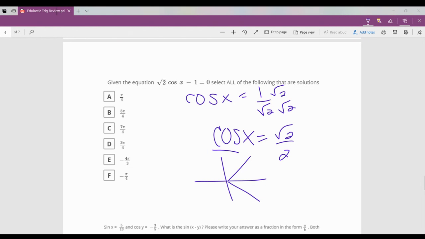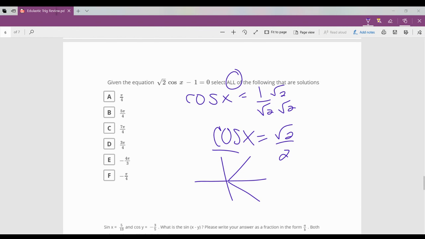All right, so going through, I want to select all of them. This isn't multiple choice. It could be more than one. So you want to go through and select all of the ones that give you an x value that is radical 2 over 2. And if you have one that is greater than 2 pi, you want to subtract 2 pi.